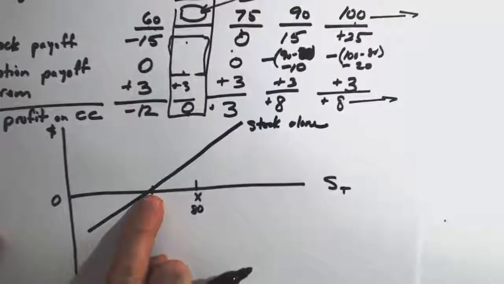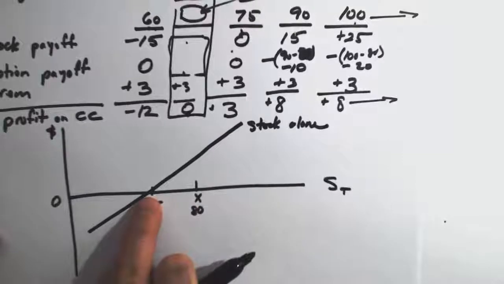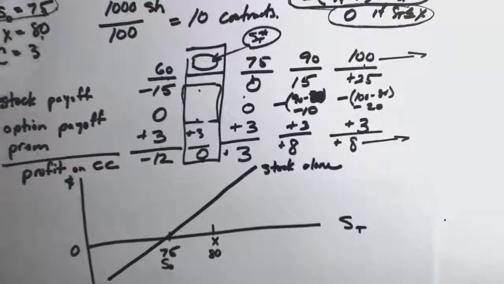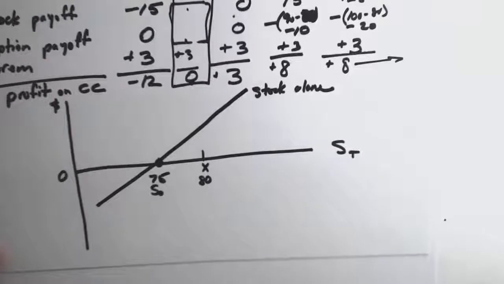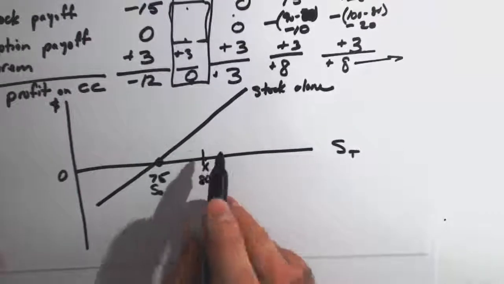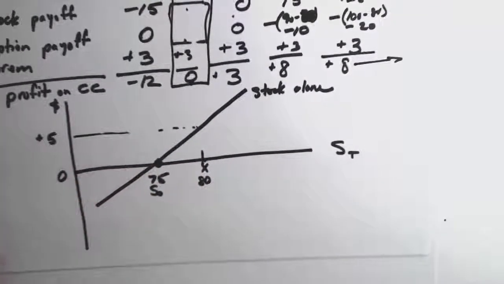If the stock ends up at expiration at 75, and the stock was 75 when we entered it, we break even on the stock itself right here. That's what that point shows you. If the stock goes up to 80 and we paid 75 for it, then we make a $5 profit. You can come up over here, and this is going to be positive $5.